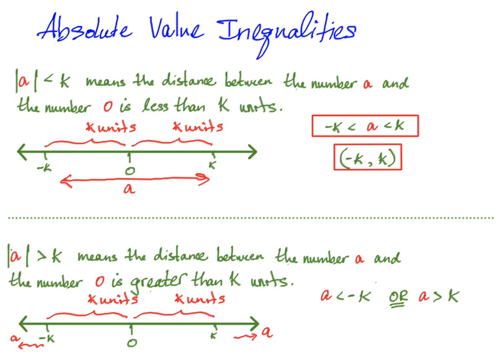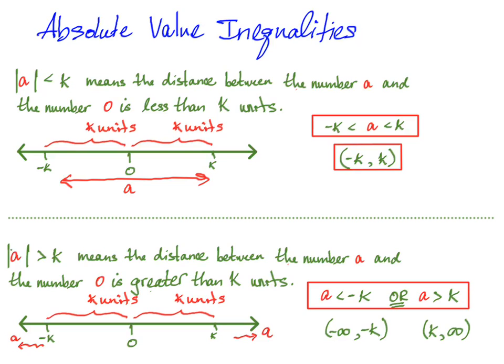And then to write it in interval notation, we actually have to take 2 intervals. The one on the left is all the numbers between -∞ up to -K, but not including -K. The other interval to the right is the numbers between +K and +∞, but not including +K. Then we join these 2 intervals with a symbol that looks like a U, and that means union.